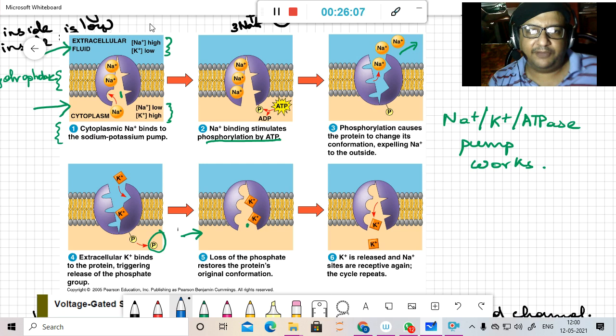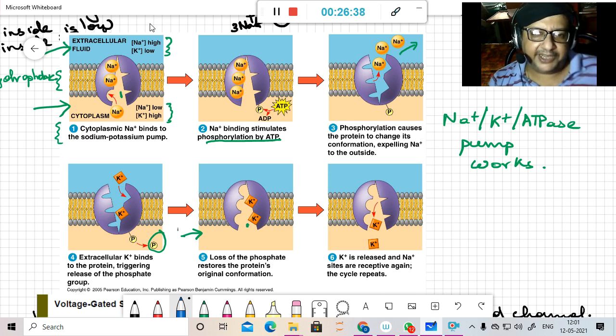The binding promotes the ATPase enzyme on this pump to be activated, and it hydrolyzes ATP and gets phosphorylated. On phosphorylation the conformation changes and it flips inside out and the sodium is released outside. Similarly, the flipping outside exposes the potassium slots on this pump and the potassium binds over here.